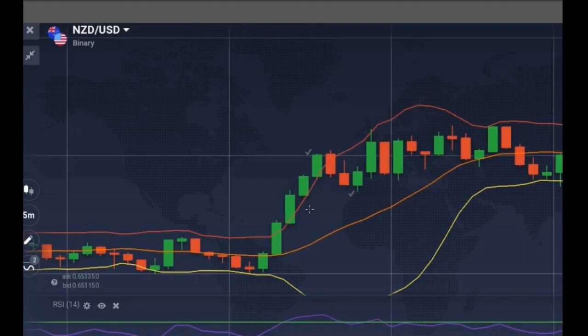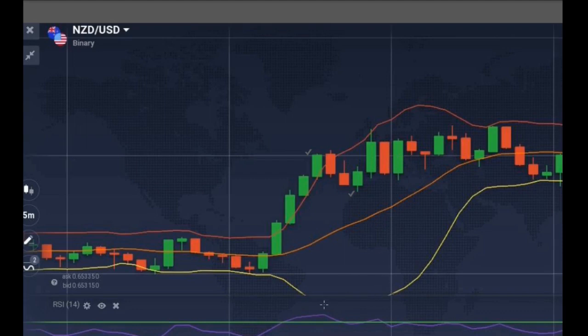I'll say it one more time. Divergence is when there's a rise on the candlestick chart in an uptrend and then there is a fall on the RSI chart. In a downtrend, the opposite is the case.